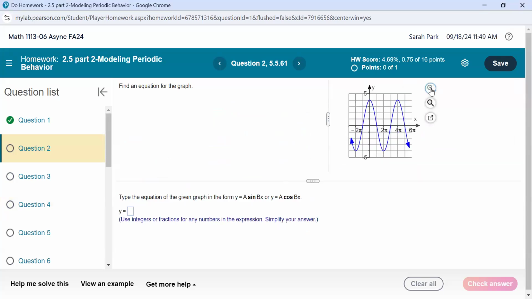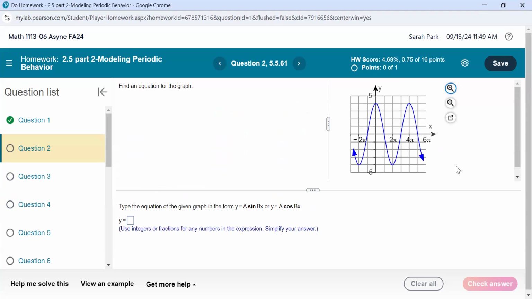Okay, so this is again the cosine function, because you see it doesn't go through 0, 0. I'm going to go with the cosine, and the amplitude again is 4, because from the midline to the top is 4 units. Now, what's the period? The period is, let's see, from here, that's one wavelength. The period is 4 pi units.